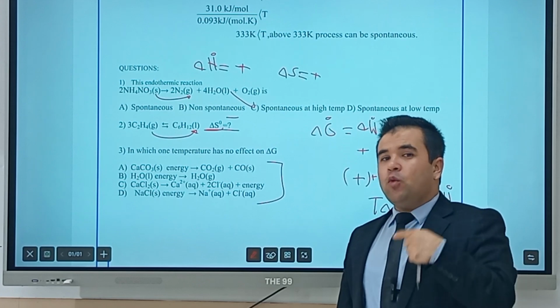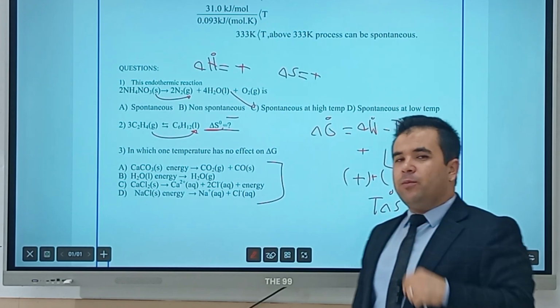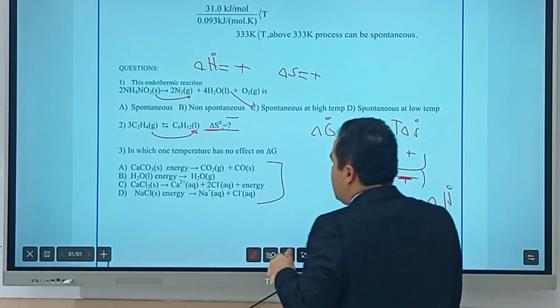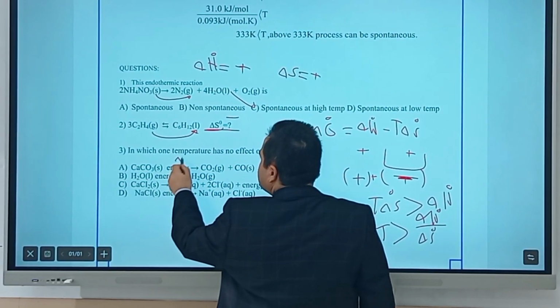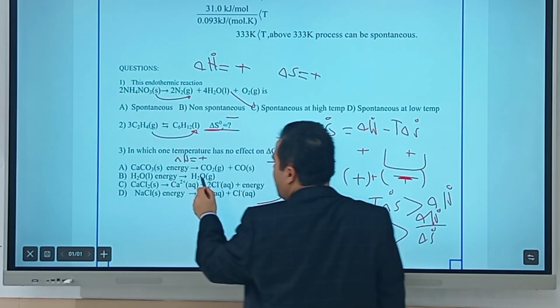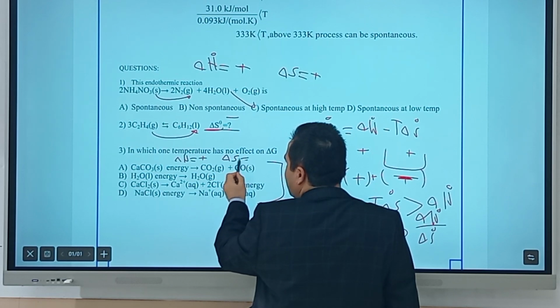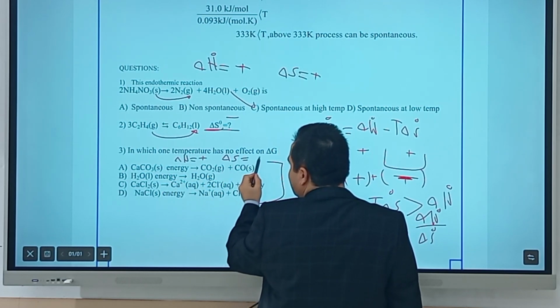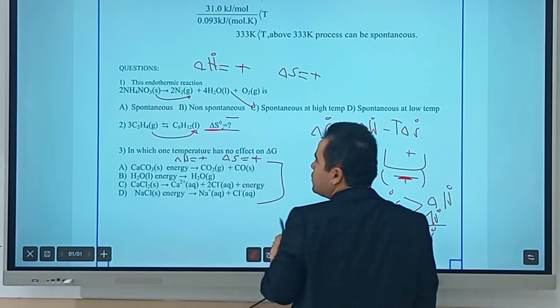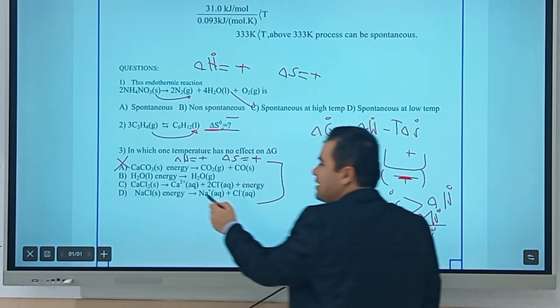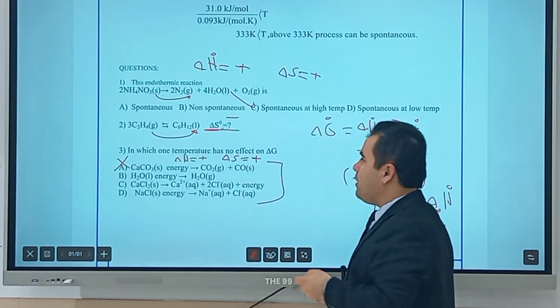That means choose the one where the signs of enthalpy and entropy are different. This is endothermic, so delta H is positive, and solid goes to gas, so delta S is positive. Positive, positive, so it's not correct. Why? Because the signs are the same, temperature has an effect.